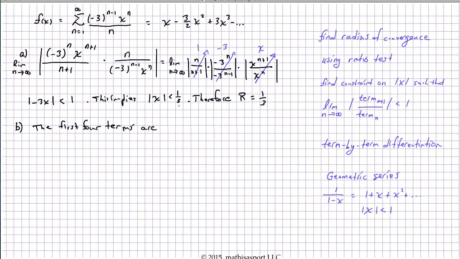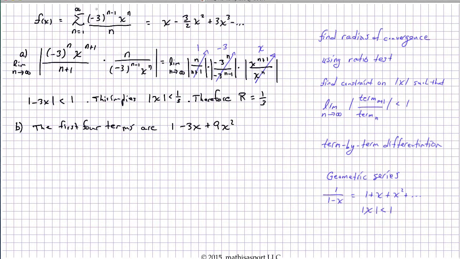What's the derivative of x? 1. What's the derivative of -3/2 x squared? That's going to be minus 3x. The derivative of this next term is going to be 9x squared.